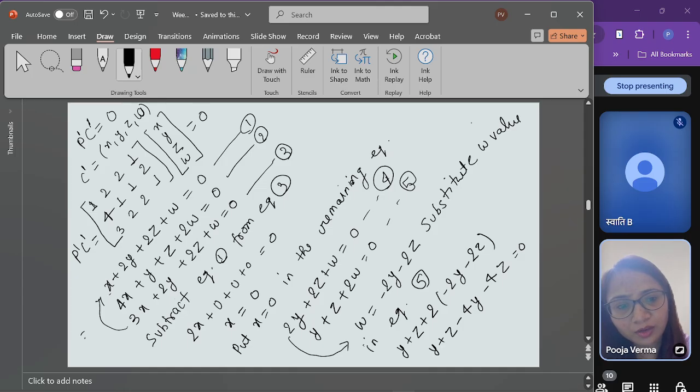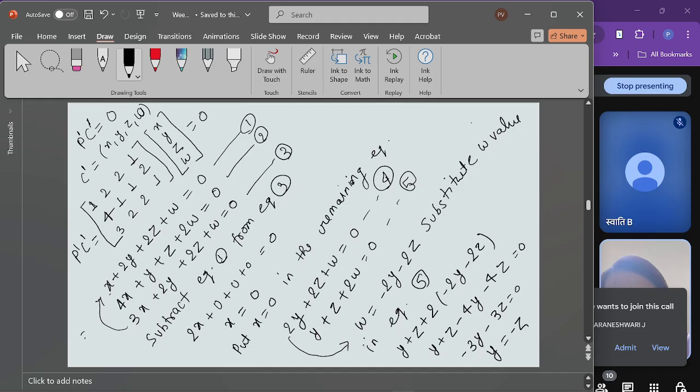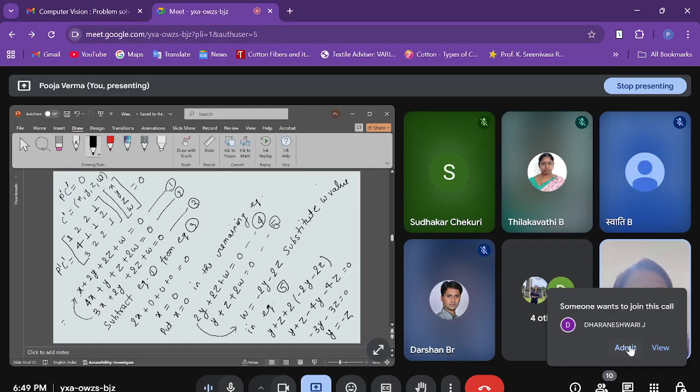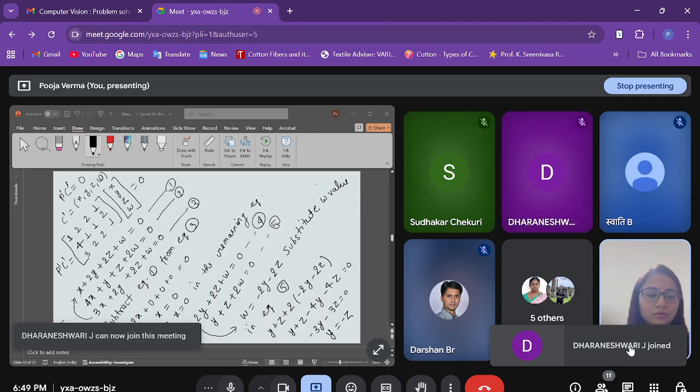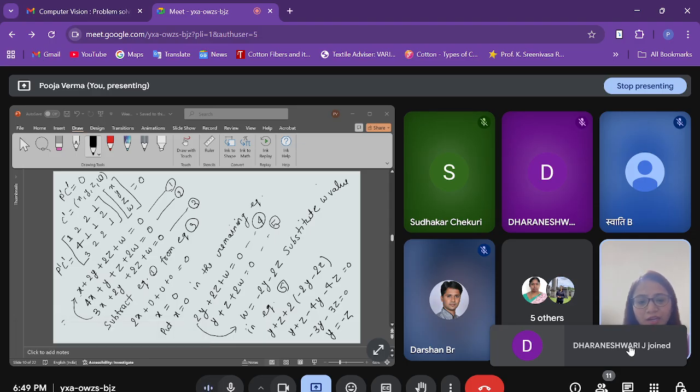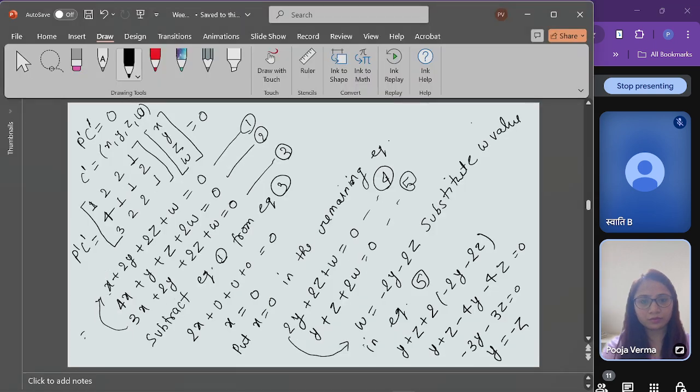So from here you will get minus 3y minus 3z. So from here you will directly get y is equal to minus z, right? y is equal to minus z. Now what can we do as the next step? We have got x is equal to 0, y is equal to minus z. Now let me take another.